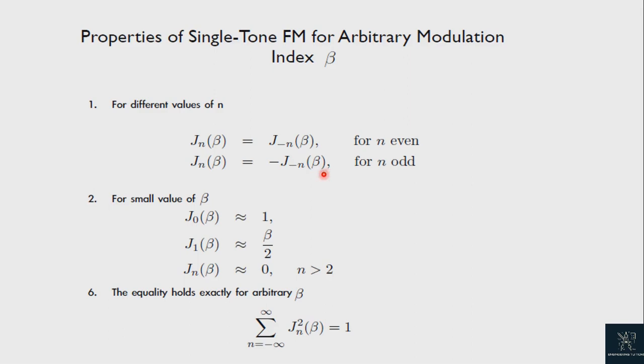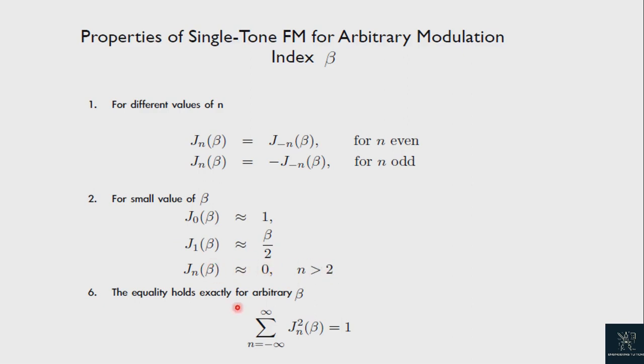For small values of beta, J_0(beta) is approximately equal to 1, J_1(beta) is approximately equal to beta upon 2, and J_n(beta) is approximately equal to 0 for n greater than 2. We will see this point in the next portion.